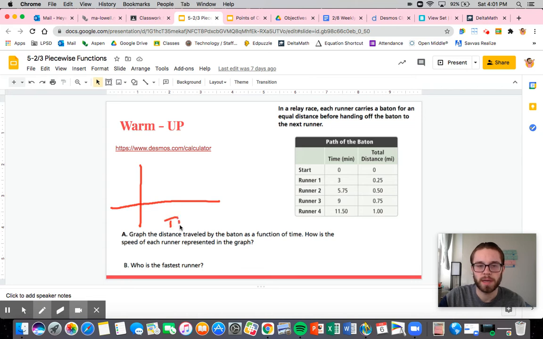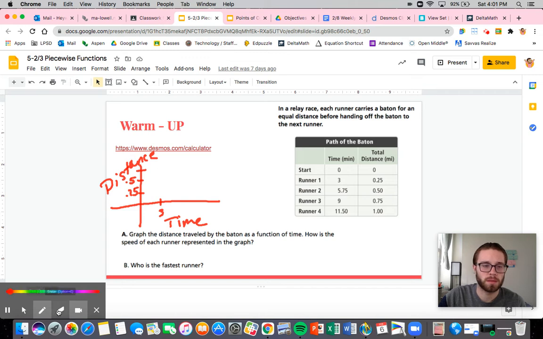Right, so here's my time, here's my distance. And the first runner is running for 3 minutes. So here's 3, and here's 0.25, 0.5, let me erase that. I need to give myself more room. 0.75, and here's 1, right?